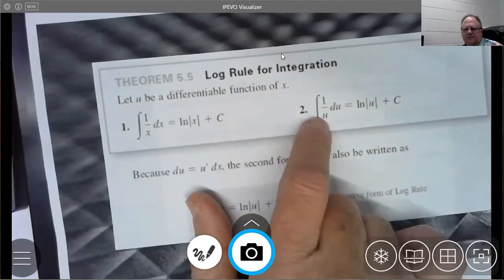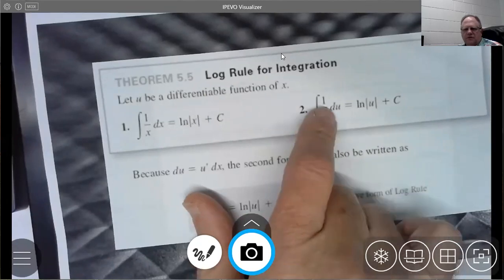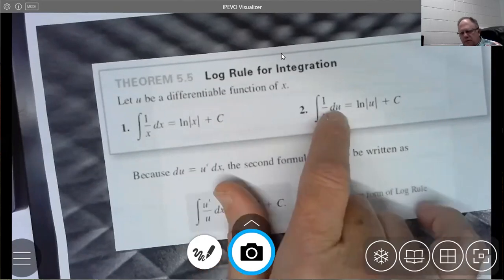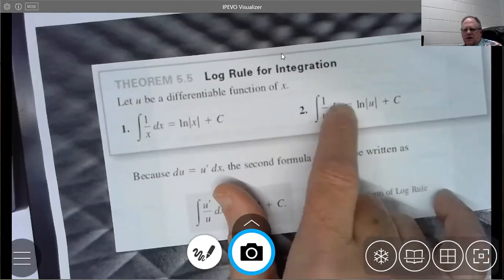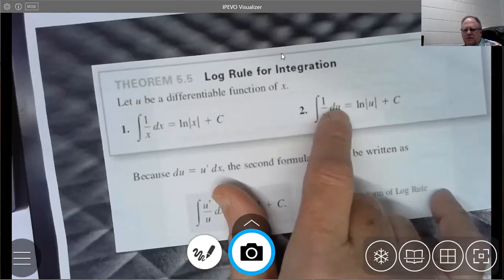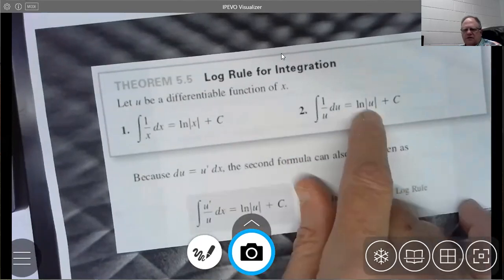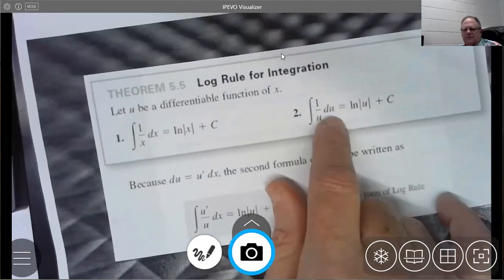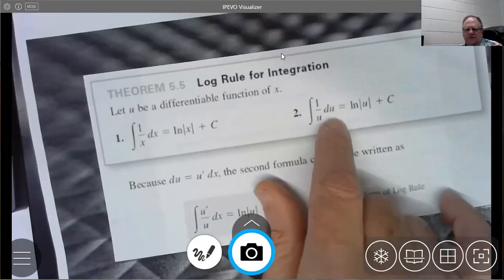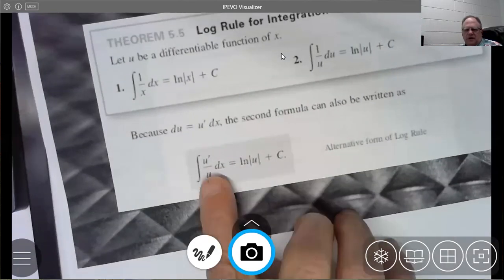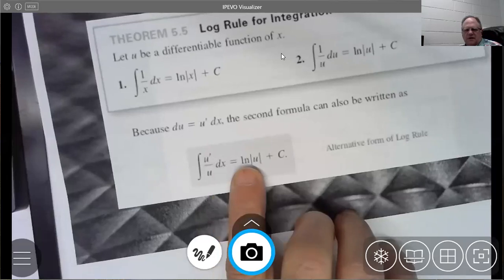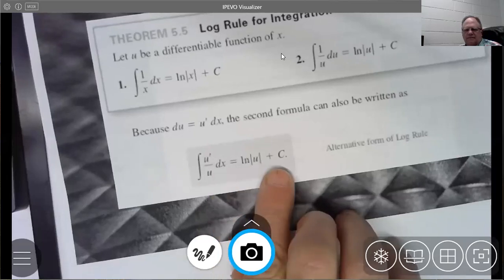Or we can use 1 over u. We can also use u prime over u, and u prime would be considered du. So it's the inverse operation of finding the derivative. We could also say the integral of u prime over u dx is natural log u plus c.